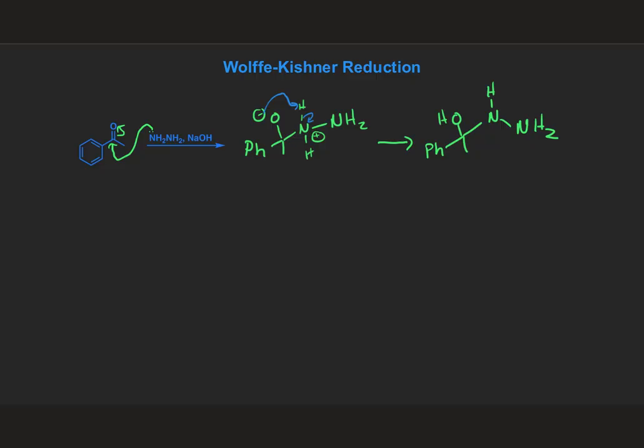So we get to this neutral tetrahedral intermediate, and ordinarily I would say that this compound does not have a good leaving group, but because we're under strong basic conditions, it's reasonable to kick off an O-. And so I'm going to have these electrons on nitrogen kick down and kick off that hydroxide.